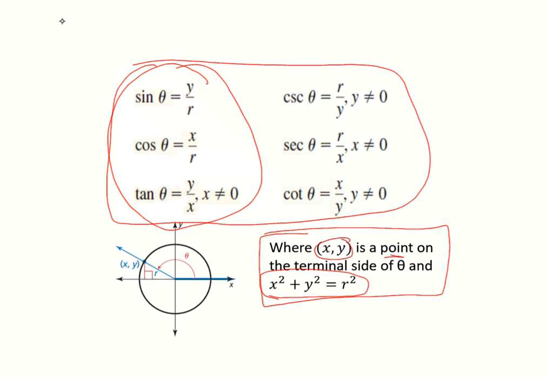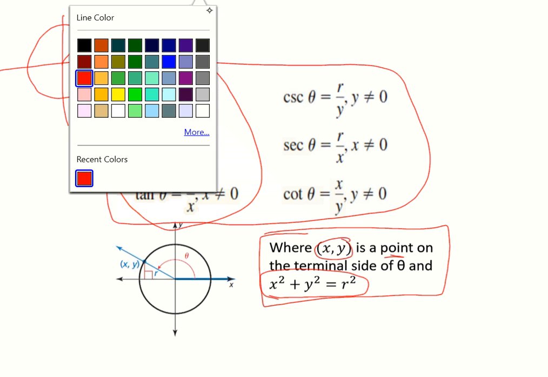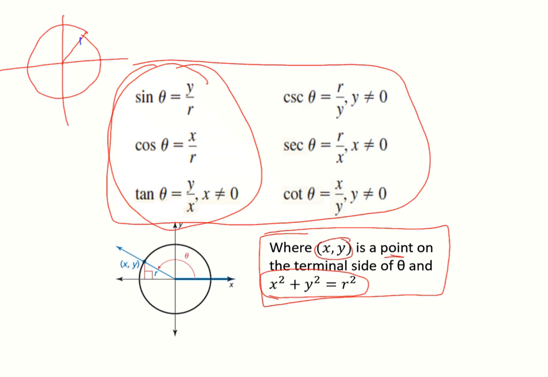But we talked about how in a circle, here's the terminal side. You can sketch a little right triangle. This is x, that's y. This is the radius of the circle. So if you're given the x, y and apply x squared plus y squared equals r squared, then you have x, y, and r, and it's just a matter of plugging them in.